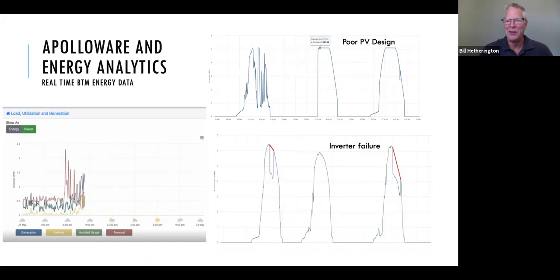And so it's an important understanding that the utility has to understand that this stuff is not necessarily utility grade components that are being put in on their system. So it's very important that the utility have the ability to monitor this for power quality at a very, very granular level. As I think Scott said, 1 second, and we have the same. It's 1 second interval data, which is pretty granular. Next slide, please.